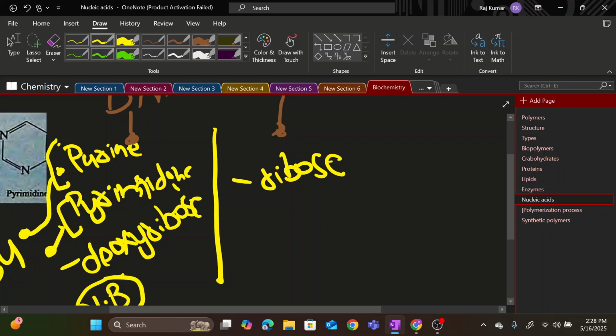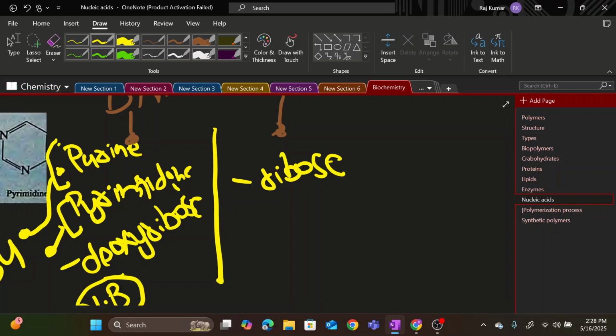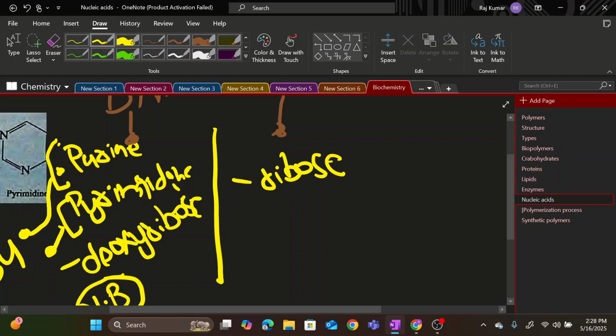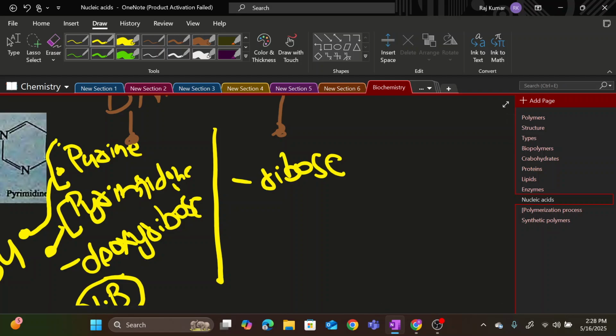Because the body requires DNA to be more stable, because DNA is essentially a carrier of genetic information from one generation to another. So it needs to be really stable, and in order to be stable, it does not have any oxygen on the second carbon, because the hydroxyl group present on the second carbon makes the molecule more reactive.